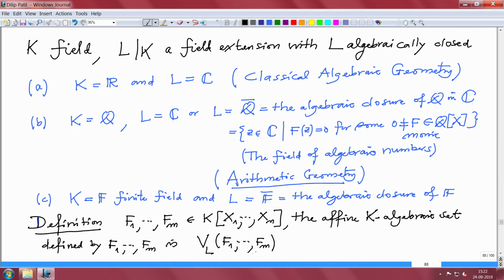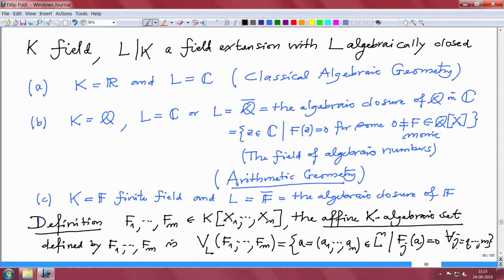These are the common solutions or common zeros of the polynomials f1 to fm, and the zeros have coordinates in L. So, this means these are all tuples a1 to an in L power n such that fj at a is 0 for all j from 1 to m.